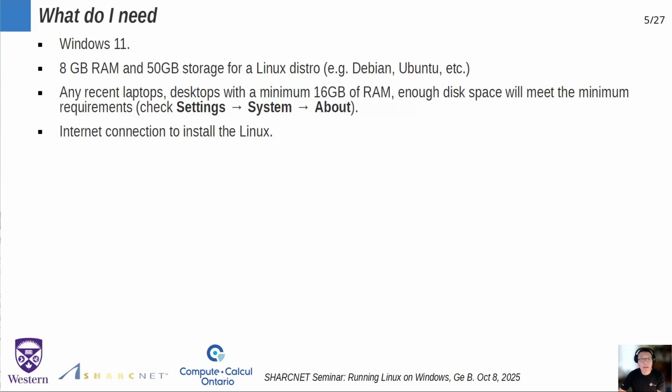Any recent laptop or desktop with a minimum of 16 gigabytes of RAM and enough disk space should meet the minimum requirements. So you can go to Settings, System, About to see the information about your system. And of course, you need an internet connection, so you can install Linux on the go.